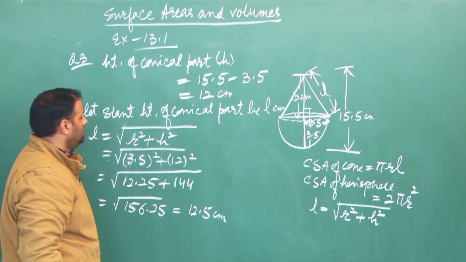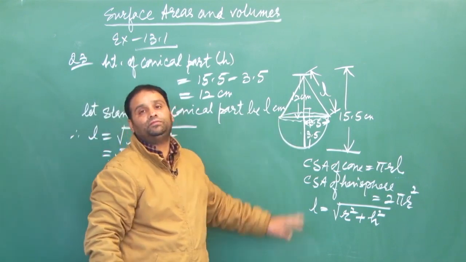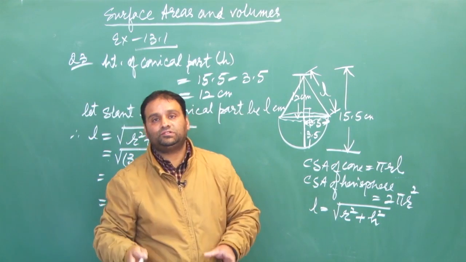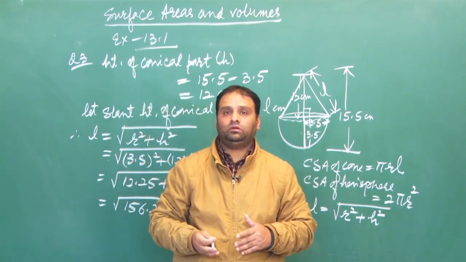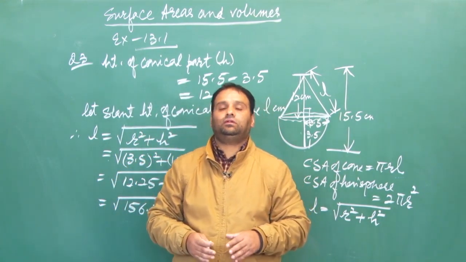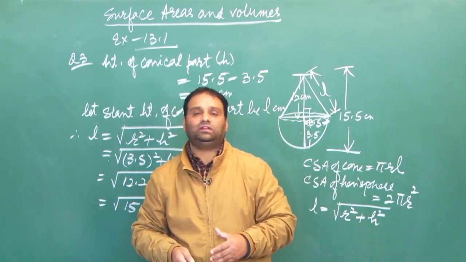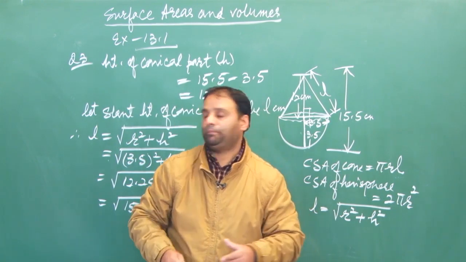Now we need to find the total surface area of the toy. How can we find that? The curved surface area of the conical portion and the curved surface area of the hemispherical portion are to be added, and this way we will get the total surface area of the toy.